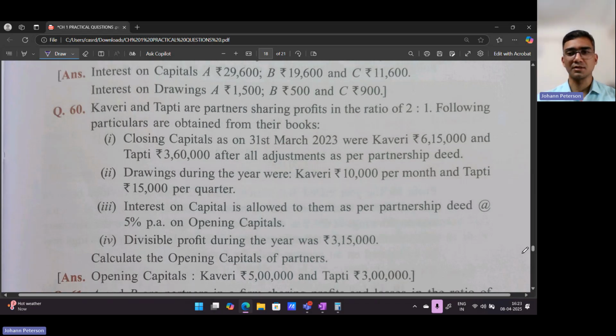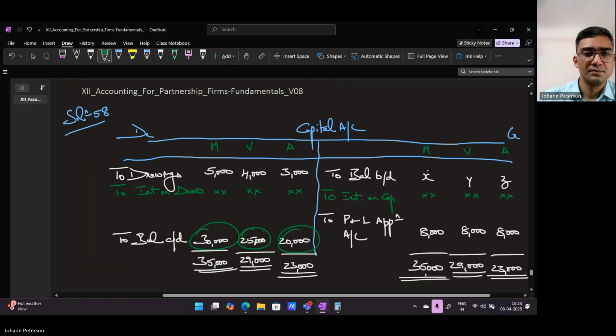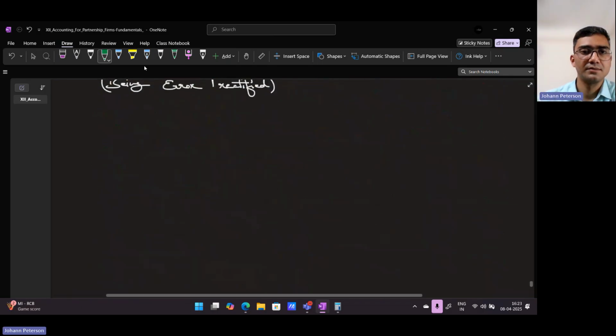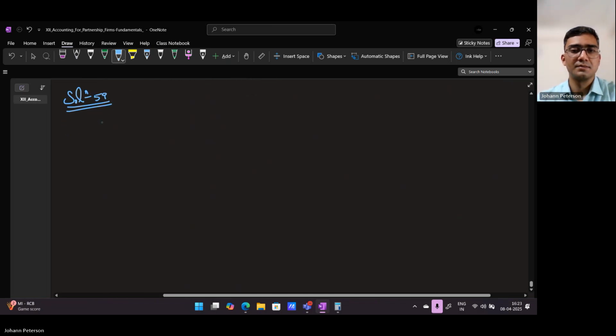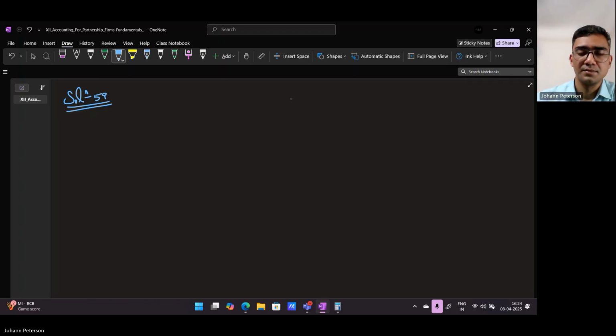So we will make a capital account. So solution 59. Closing balances are 615 and 360.